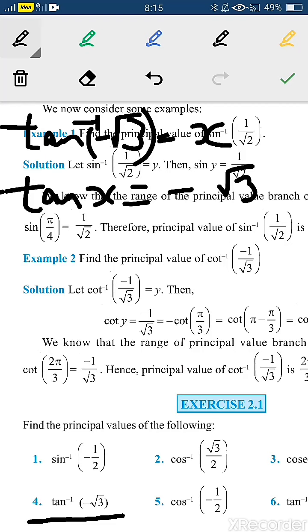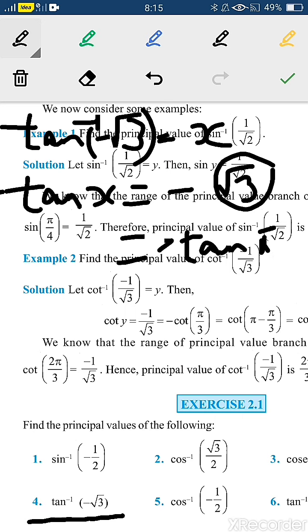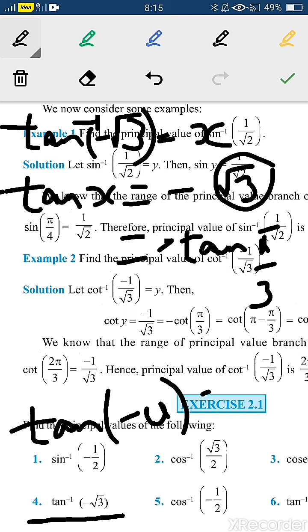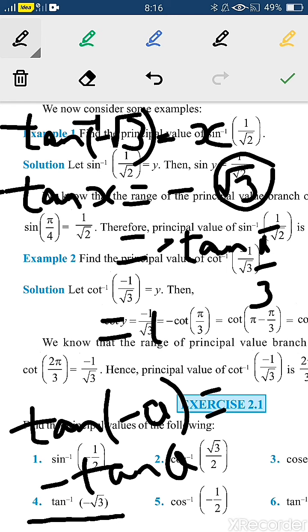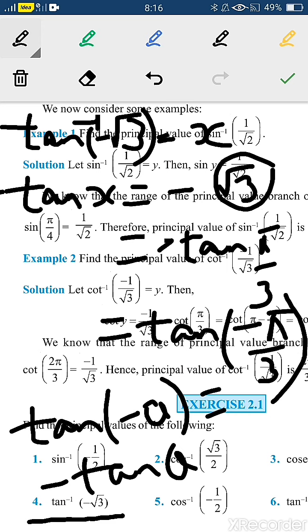We can write this as minus, when is tan root 3? Yes, tan pi by 3, that is 60 degree, at 60 degree tan is root 3. So this is equal to minus tan pi by 3, and we know that tan of minus theta is equal to minus tan theta, right? So we can write it as tan of minus pi by 3.